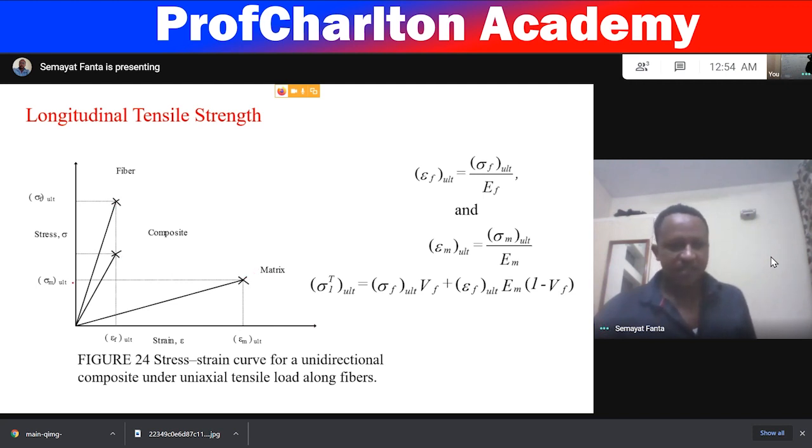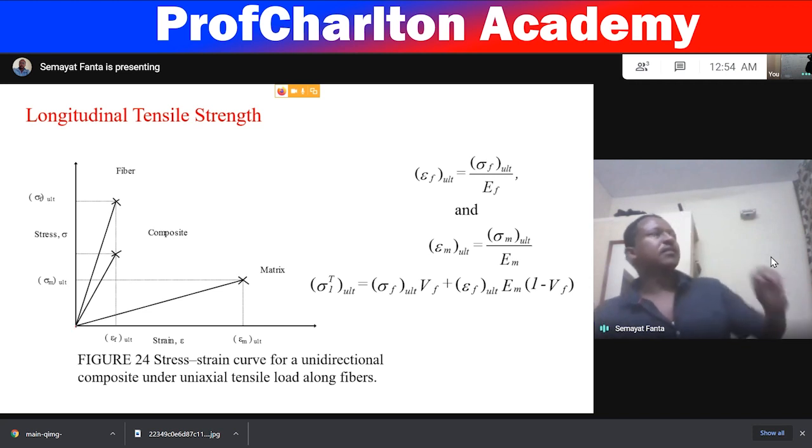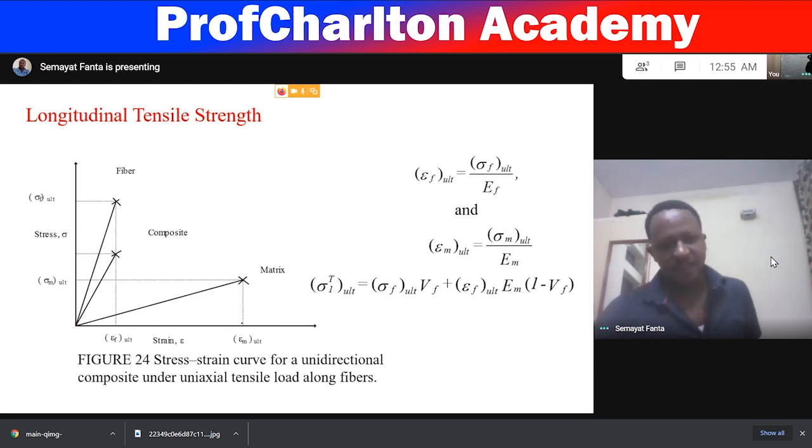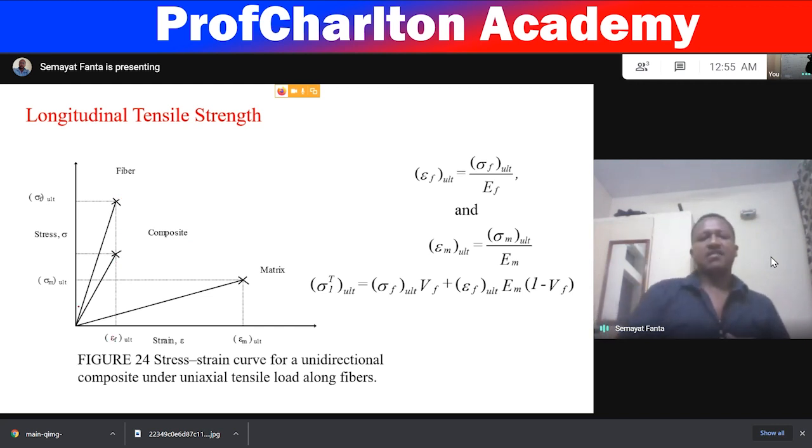This is the matrix. The matrix has lower ultimate strength, but the toughness of the matrix is higher, while the toughness of the fiber is very low. So most of the time our design depends on the fiber material. We cannot go beyond the fiber region.